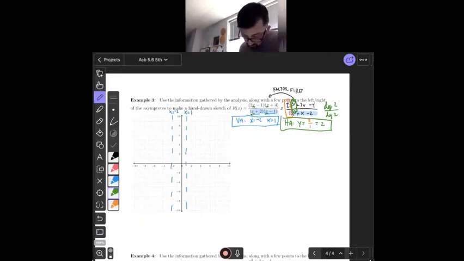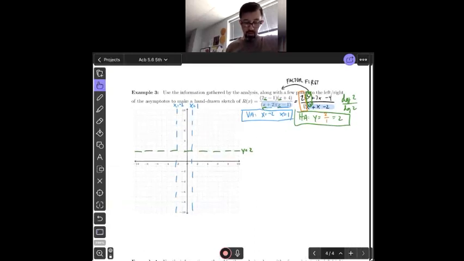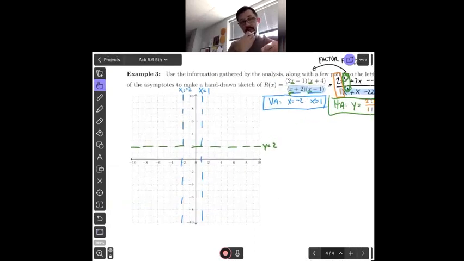Go ahead and draw that in. There are just certain ways that these multiple asymptote problems look, from all the experience I've had with them.